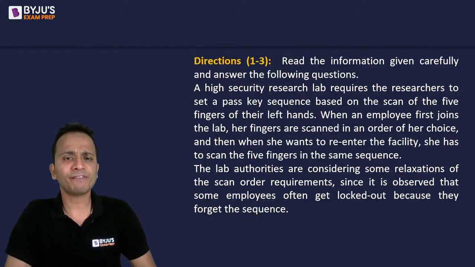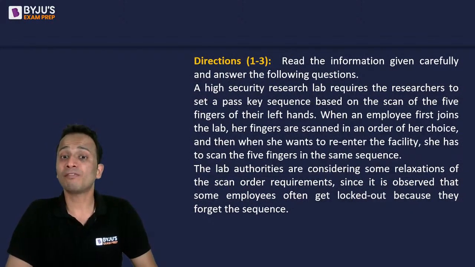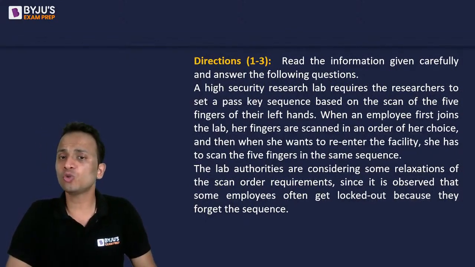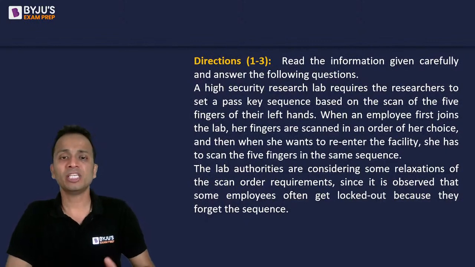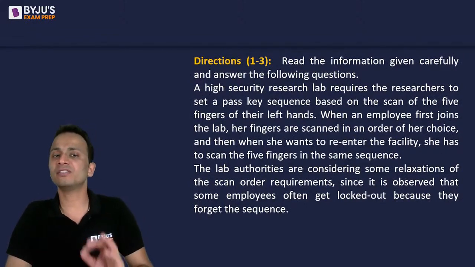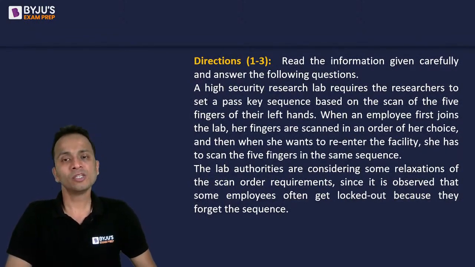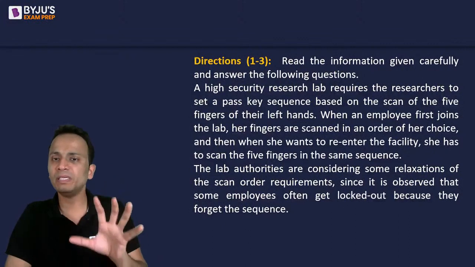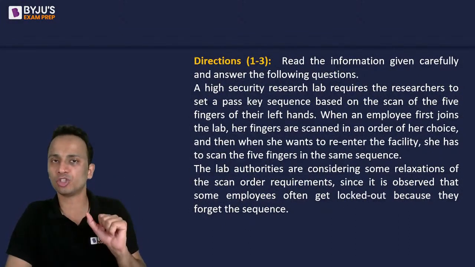When an employee first joins the lab, her fingers are scanned in an order of her choice. And then when she wants to re-enter the facility, she has to scan the 5 fingers in the same sequence. So whenever any new person will join the lab, the 5 fingers will be scanned in the order of their choice.